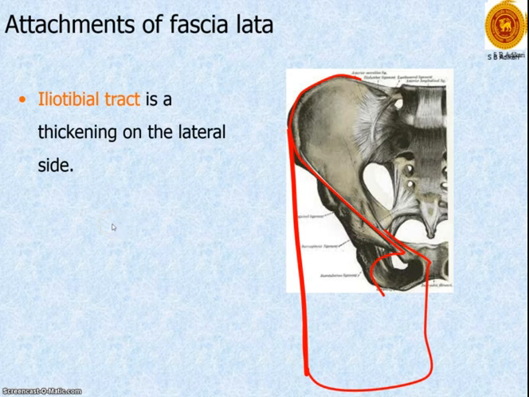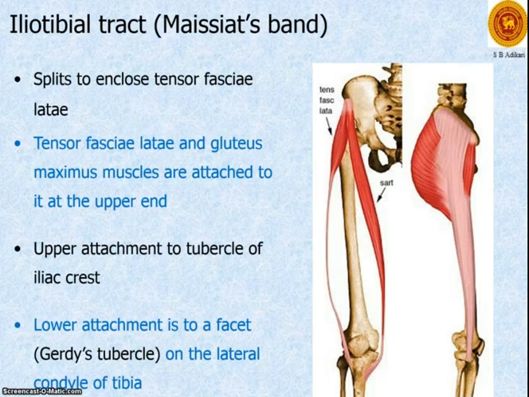Now we discussed this iliotibial tract in our previous lectures, and we said that the 2 muscles enclosed by fascia lata, the tensor fasciae latae and gluteus maximus, are actually attached to the iliotibial tract here.